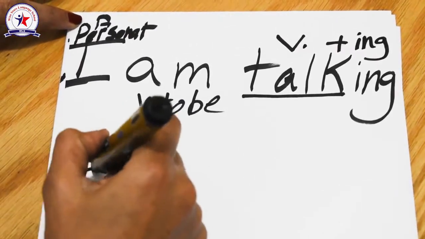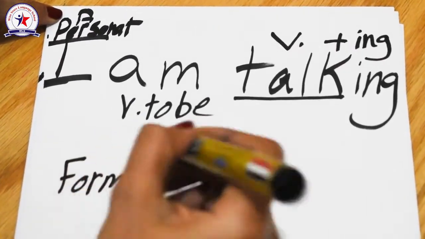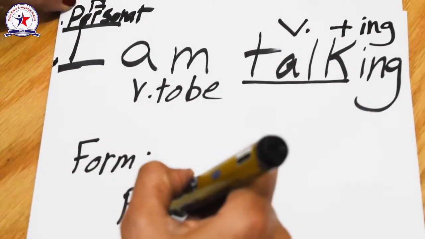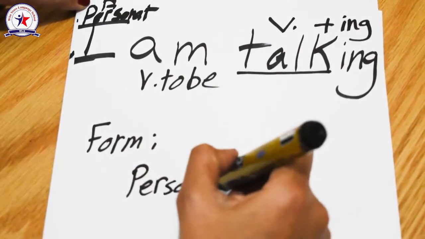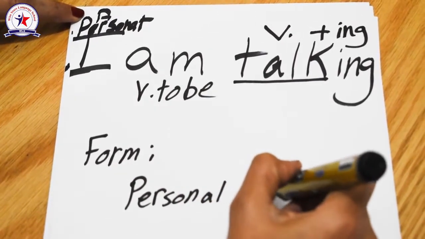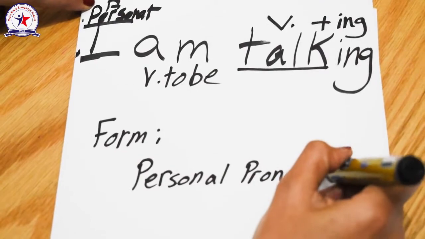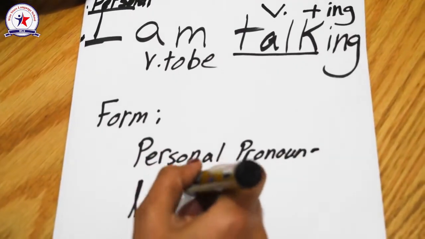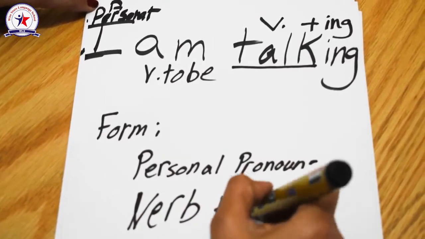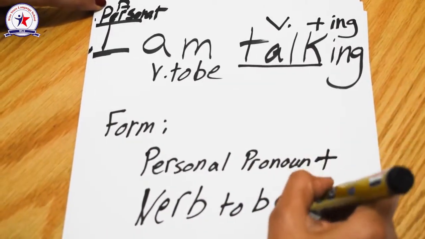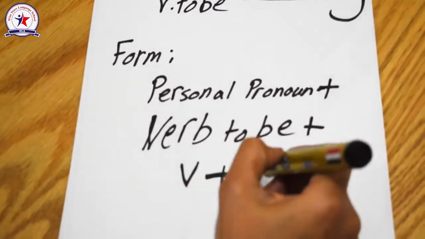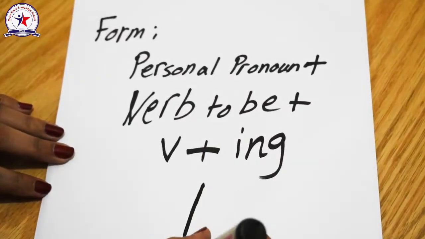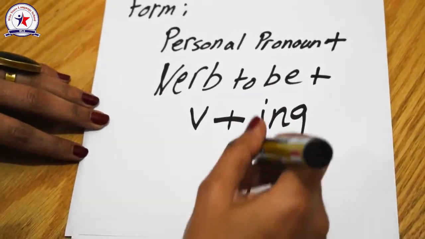So, the present continuous form is personal pronoun, verb to be, plus verb, plus ing. To make it easier, we draw a butterfly.